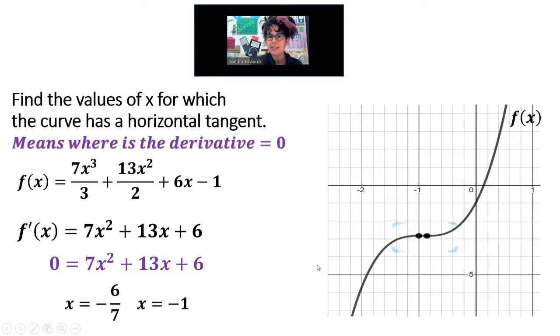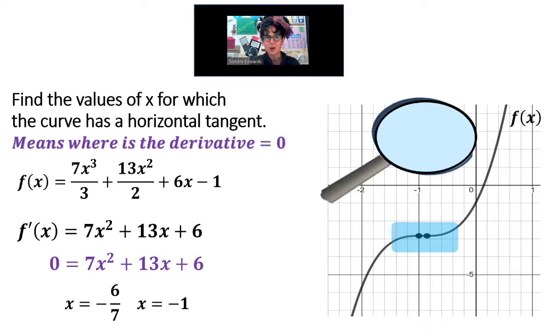Well, what we just did, I'm going to zoom in on that. Okay, if I zoom in there and just look at it with a magnifying glass, that point right there is that one, and that point right there is that one. So if you zoom way in, the graph is actually going up, increasing until it gets to this point, then it decreases, and then it increases, and then continues to increase.